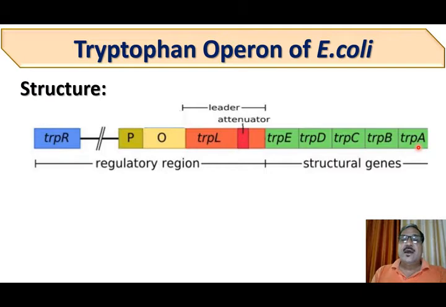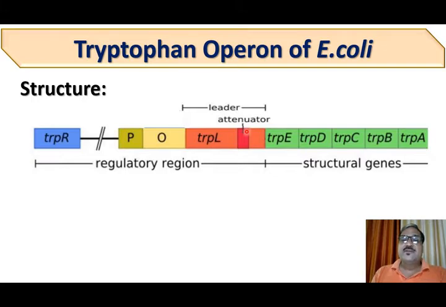The promoter and the operator regions are upstream from the trpE gene. There is a short region called trpL, or the leader region. Within this leader region and close to the trpE gene is an attenuator site that plays an important role in the regulation of the tryptophan operon.